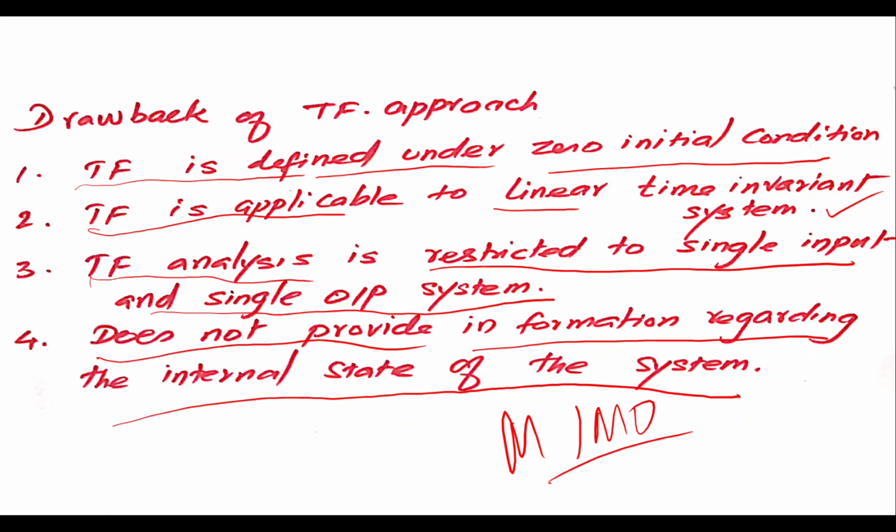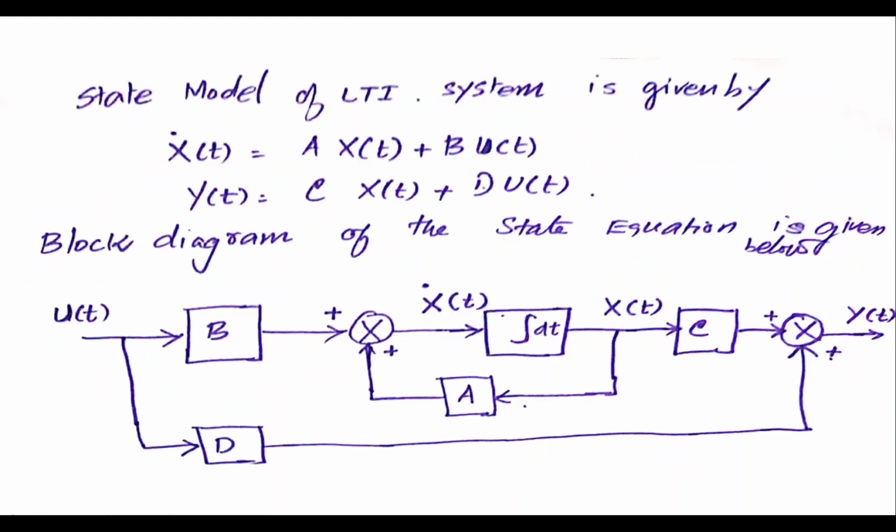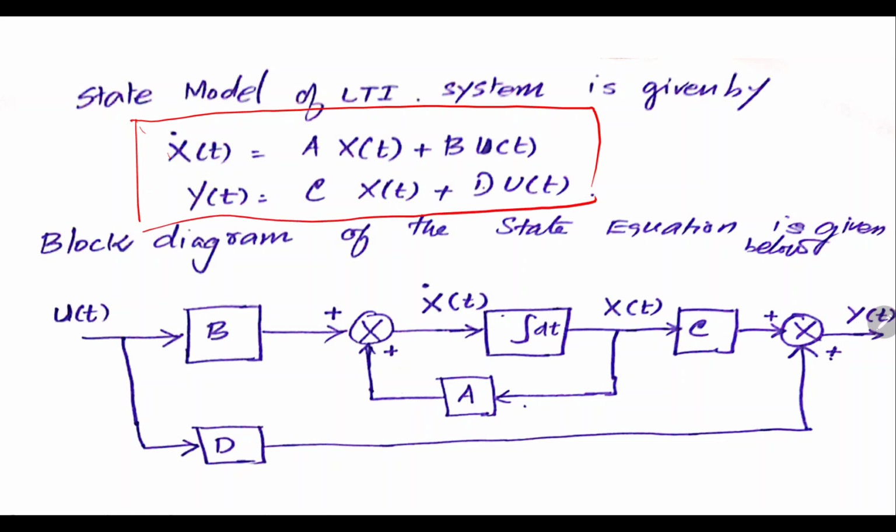So first we are going to discuss a problem related to state variables. First I will read the problem statement and then one by one we will discuss how to solve the problem. Before that, we should know the state model of a linear time invariant system. So this is the state model. X dot of t is equal to A into x of t plus B into u of t.